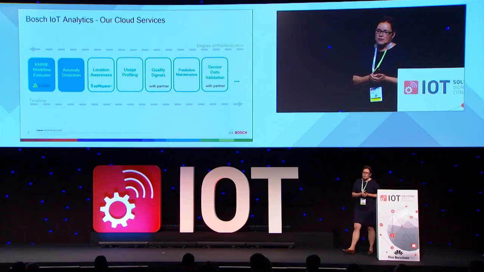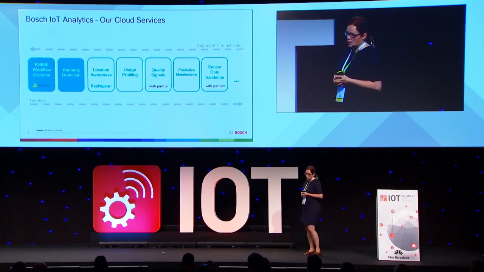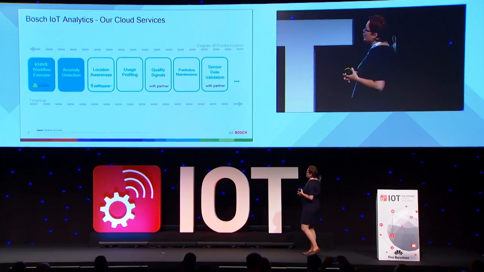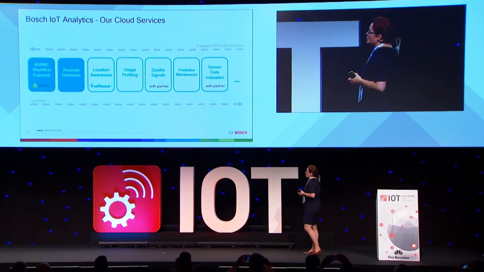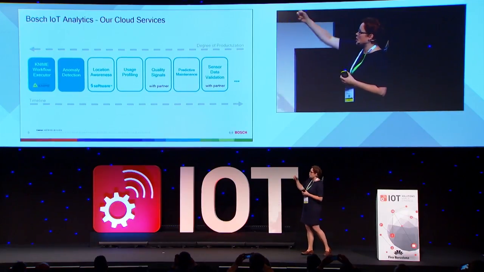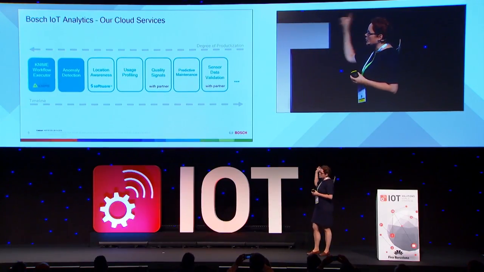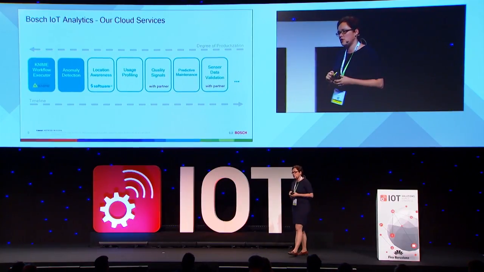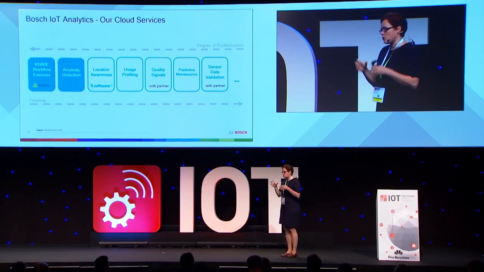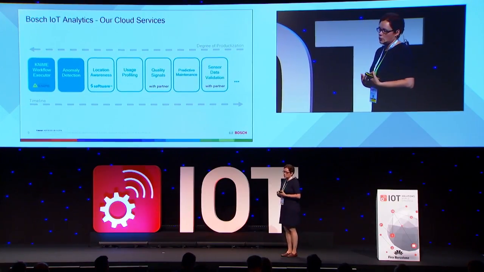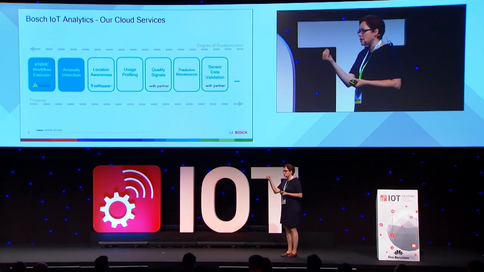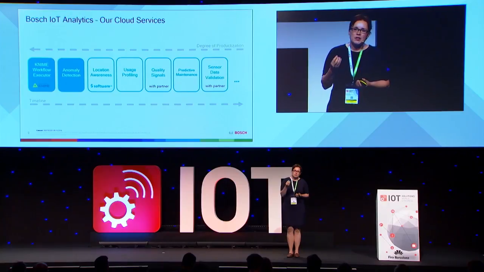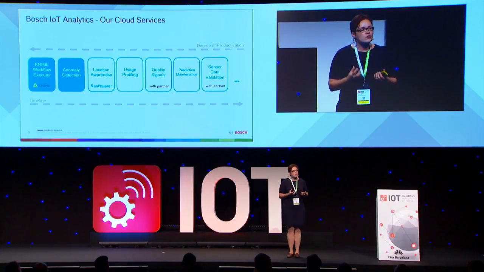So what do we have in the Bosch IoT Analytics and the Bosch IoT Cloud? You see on the right-hand side, we have this productization arrow that's pointing to the left, and on the other side you see the timeline. Given the projects that we've worked with, we tried to condense the most important features and requirements from these projects and productize them.